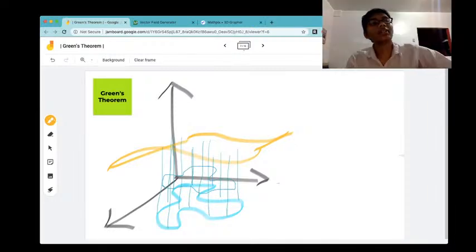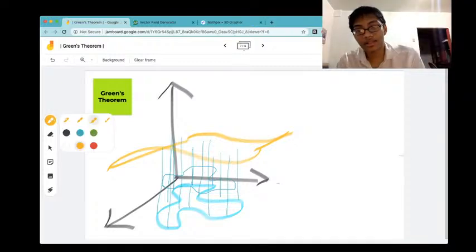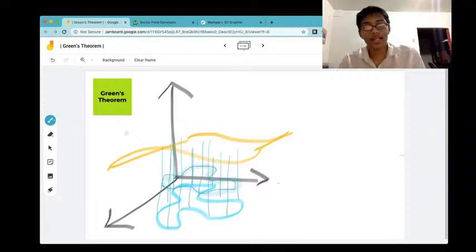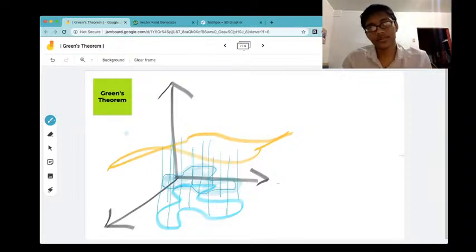Well, the double integral is used when we need to calculate the volume under a surface. And indeed, that's exactly what we're doing here, right? If you imagine this surface here, we're simply calculating the volume under the surface as defined by the curve in the xy plane. That's why we need that double integral, right? Why can't we do it with a single integral? Well, because we have 2 degrees of freedom here, folks. 2 degrees of freedom.